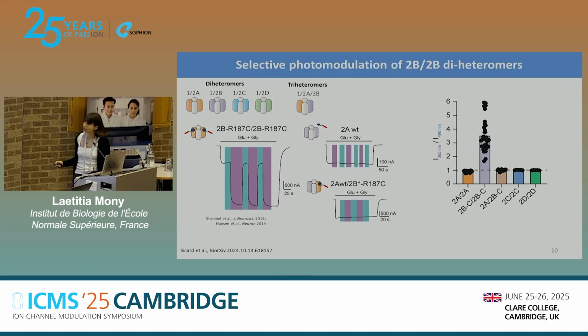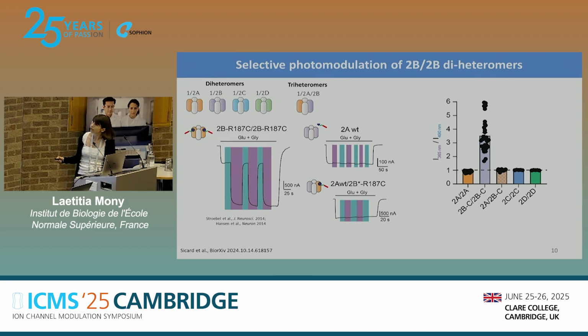And interestingly, if the GluN2B subunit with the cysteine mutation is expressed in the context of a triheteromer, so together with the GluN2A subunit, we have a way in the lab to constrain the stoichiometry of NMDA receptors, we do not observe the strong photomodulation of the diheteromer.